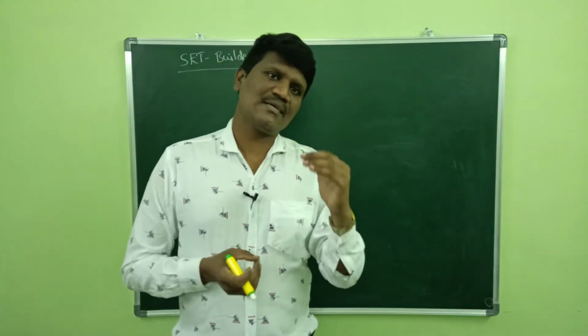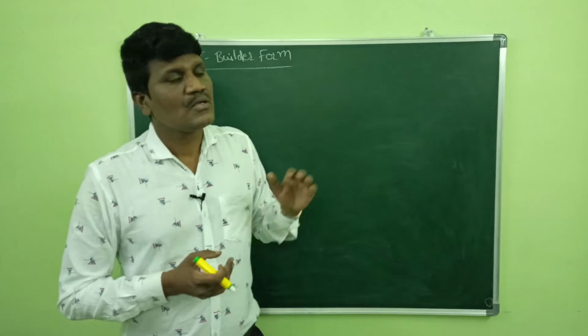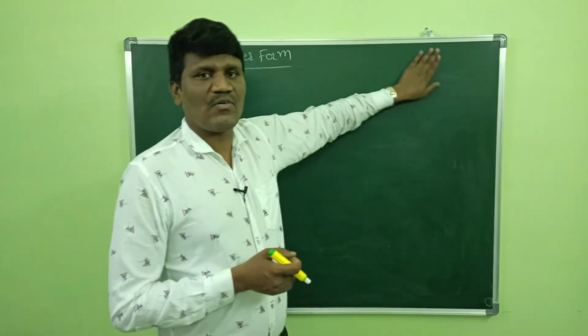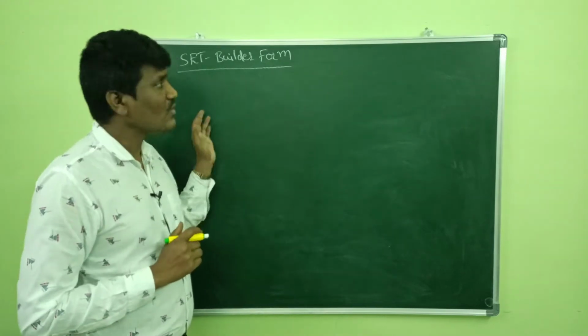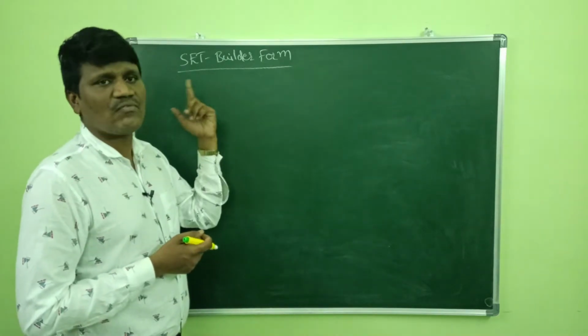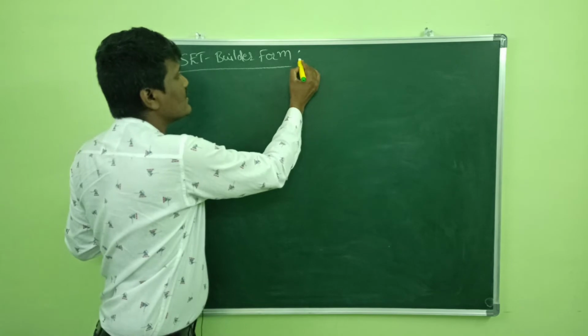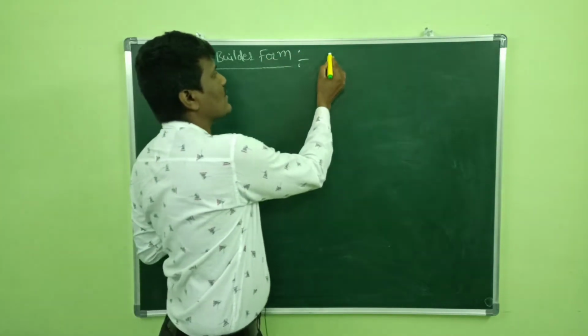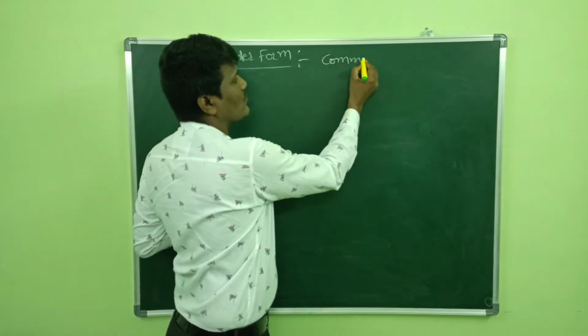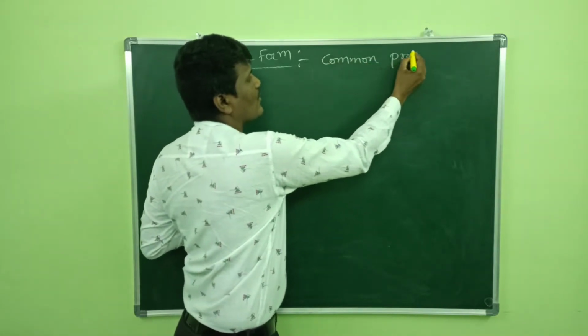So how to represent a set in set builder form? For every set builder form there is a syntax. Syntax is nothing but a rule. For set builder form, the most important thing is we should find a common property.